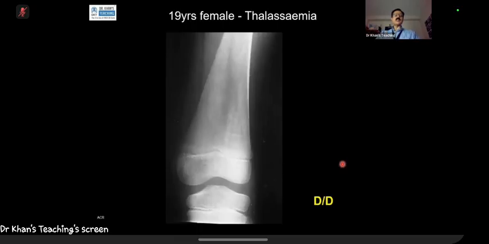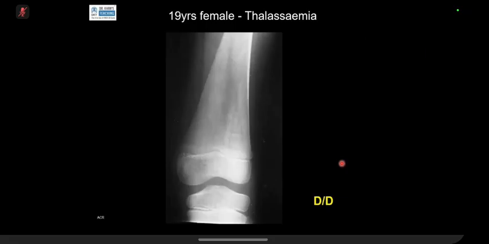Madam, describe the findings. I have given you the diagnosis. You describe the findings. This is a frontal view radiograph of a skeletally immature patient.